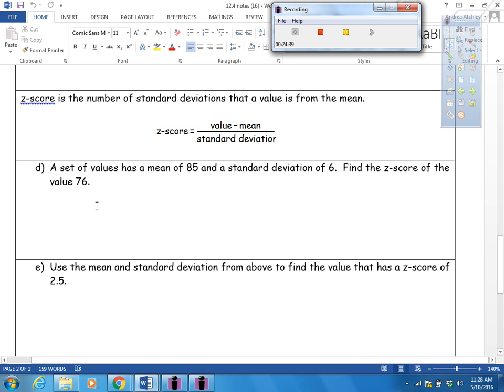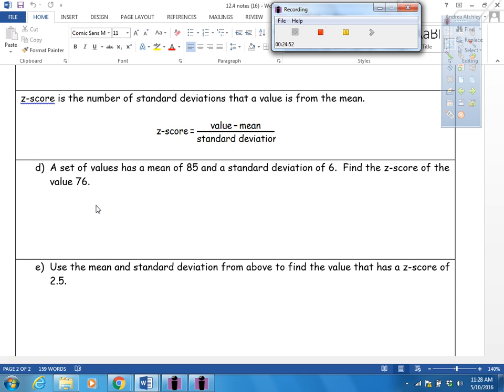You'll use it for more in-depth statistics. This is just the very beginning of statistics. And all of these formulas or values that we're finding will be used to analyze more of our data as we get into stats. Because stats, again, is not what is your answer, but what does your answer mean?